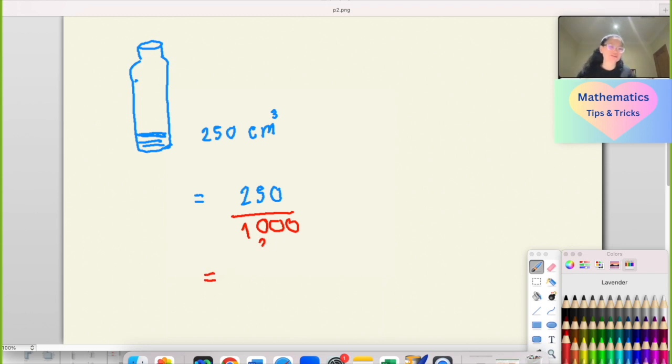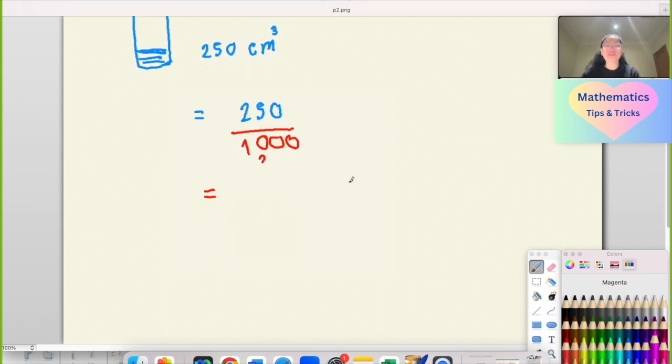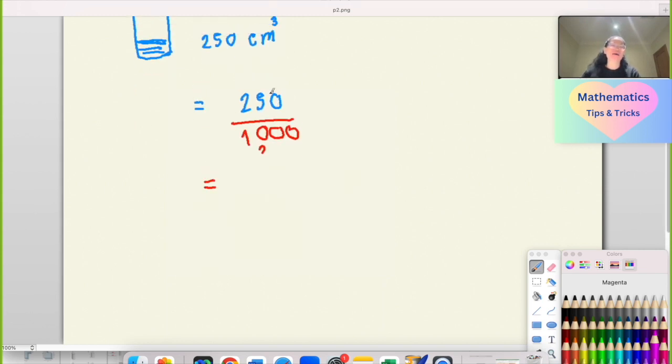So it equals, do you know how to cut the zero? Do you know how to solve decimals yet? No. How come you haven't learned at school? But anyway, you know that 250 divided by 1,000, if you cut the zero, looks like 25 divided by 100.